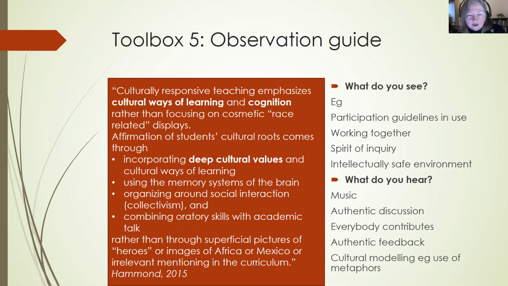And this social interaction, collectivism, is very important in Hammond's book. And that's because she's from the US, which has the very high individualism score. And what she's telling teachers is try a little bit more of collectivist work, try getting students to work together more and not making them individually responsible all the time.